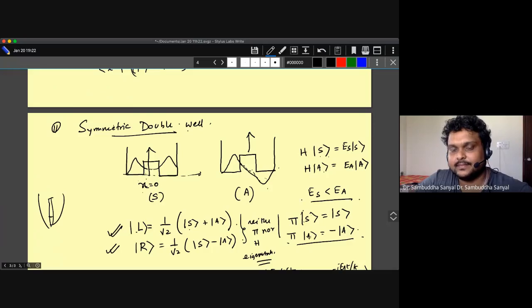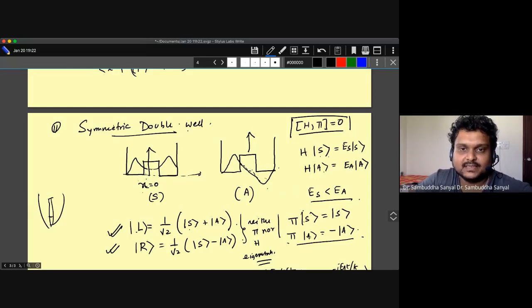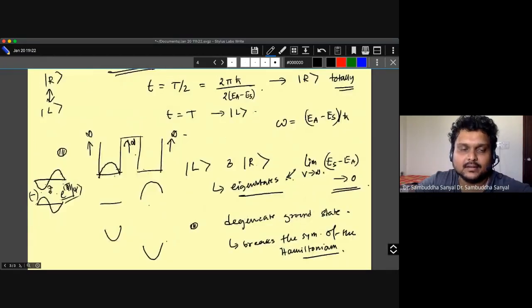The original Hamiltonian has a parity symmetry, and that's nothing special, because V(x) is equal to V(-x). So the eigenstates of this problem will also have the same symmetry as the original Hamiltonian, which is parity symmetry, right?